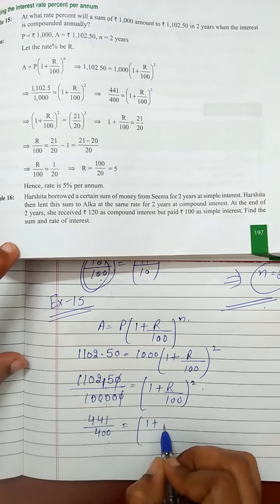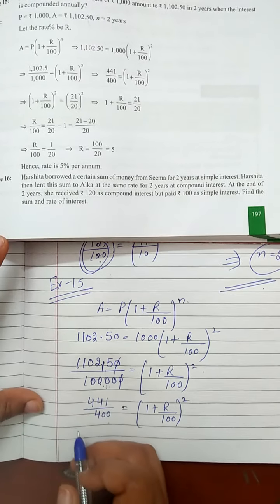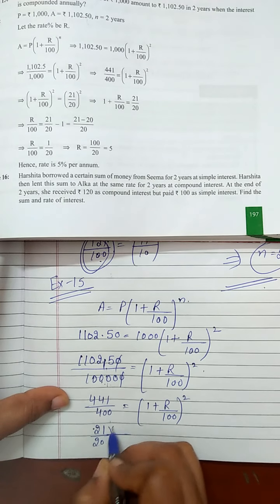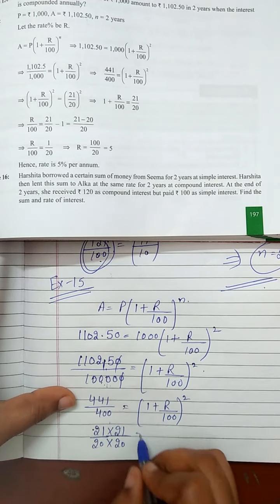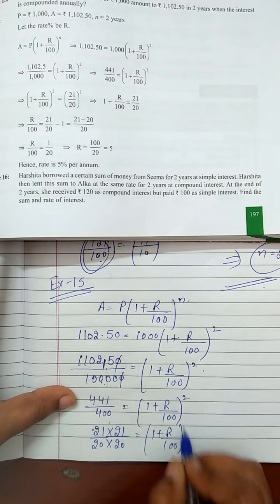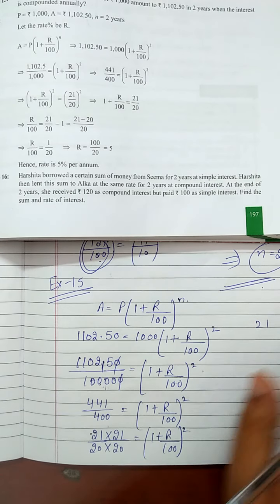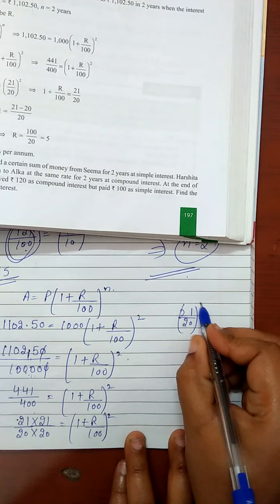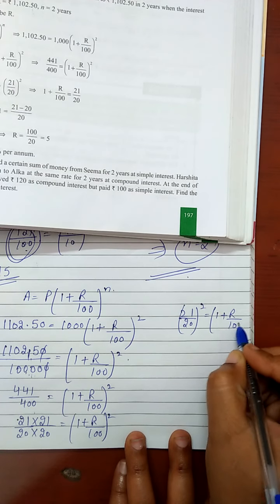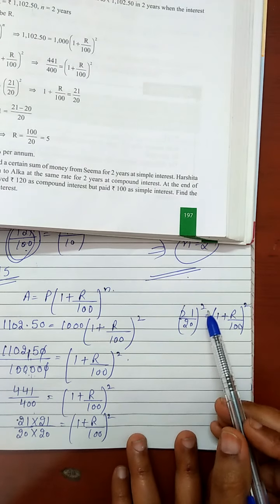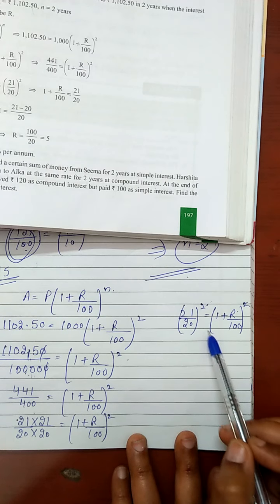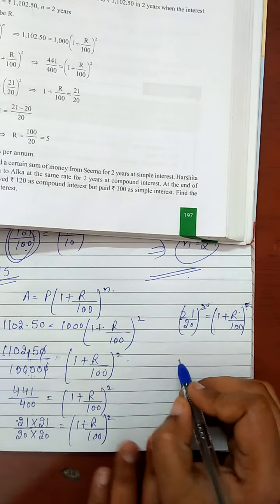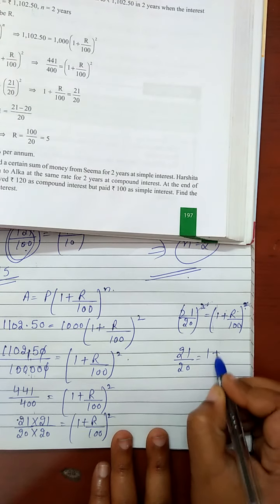So 441 upon 400 is equal to 1 plus r upon 100 raised to power 2. We can write it as 21 upon 20, like 21 into 21 and 20 into 20, so 21 upon 20 raised to power 2 is equal to 1 plus r upon 100 raised to power 2. The powers get cancelled, because the 2 goes to the other side and becomes a square root, which cancels with the power 2. So these powers are cancelled and we get 21 upon 20 is equal to 1 plus r upon 100.